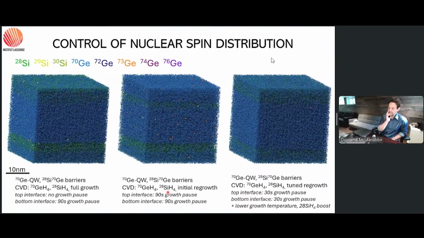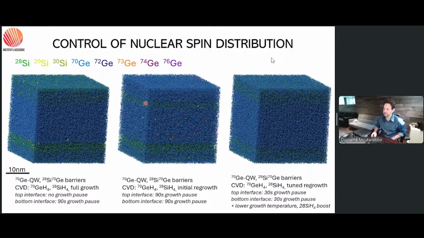Now, if we look at the nuclear spin distribution, what we found is that pausing the growth matters. We start growing using just germanium-70 and silicon-28, we stop at this interface a little bit, and after that we continue the growth. So this is the silicon-germanium buffer and the silicon-germanium barrier. We see the difference in terms of the chemical composition, but also the nuclear spin.